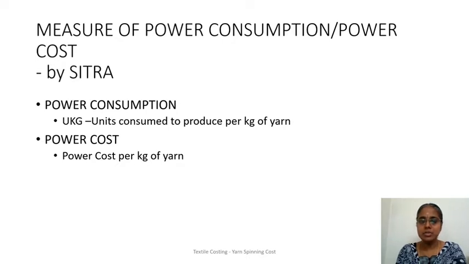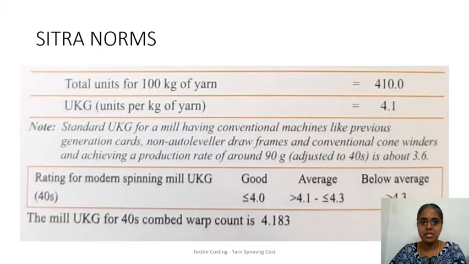For power consumption, for comparison between mills and between counts, UKG is used. UKG means units consumed to produce 1 kg of yarn. The number of units consumed per kg of yarn is converted to 40s so that we can make a comparison. And next is the power cost per kg of yarn. So these two are the terms related to power consumption and power cost.